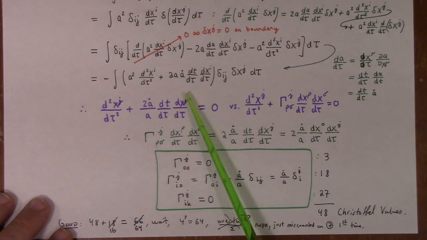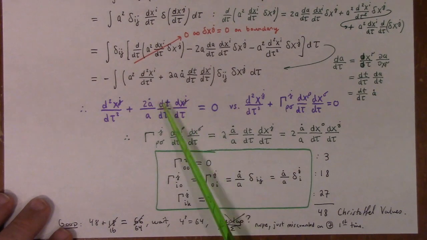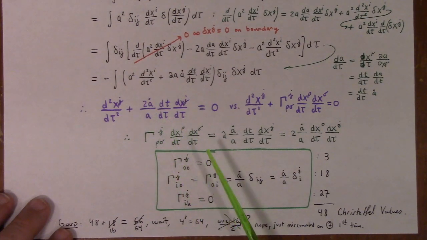And I've got x^j over here, so that means that 2a dot over a is the gamma^j i0 or 0i terms, like I wrote here. Not sure why I still have a 2.